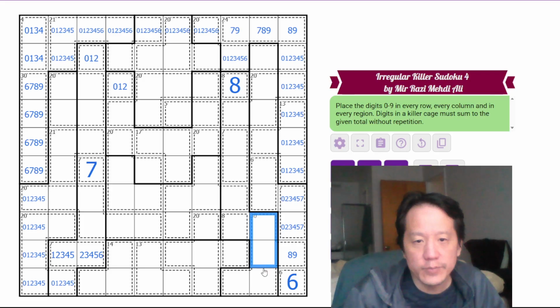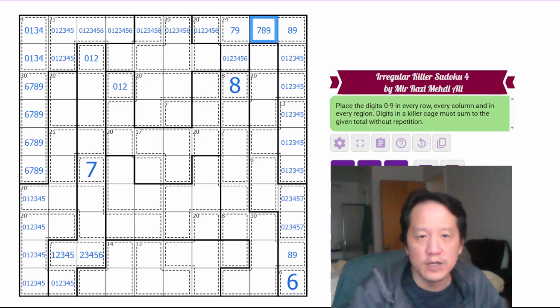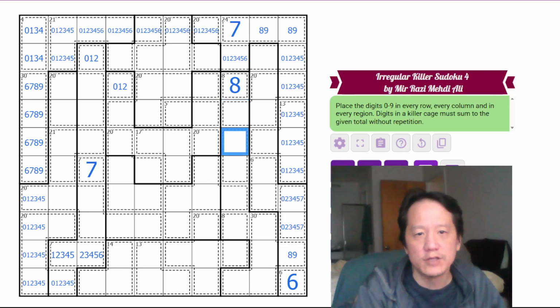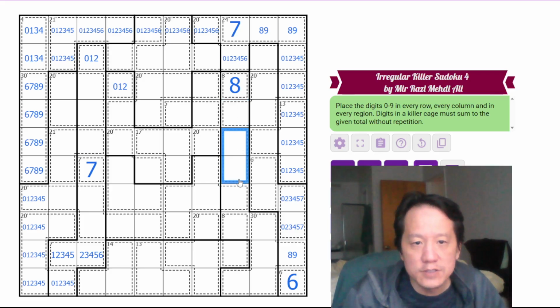This digit cannot be here in this cage because it shares its same cage with these digits. Cannot be these digits because it shares the region with those digits. So this must be 8 or 9, which makes this a 7 because of the 8, 9 pair in the cage. That means this can't be 0, 7.